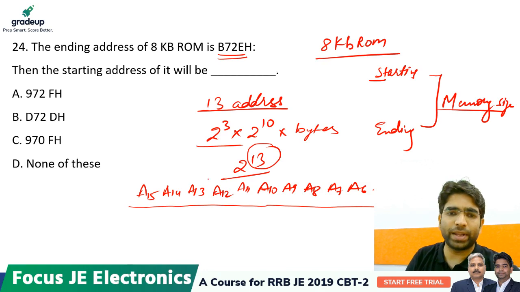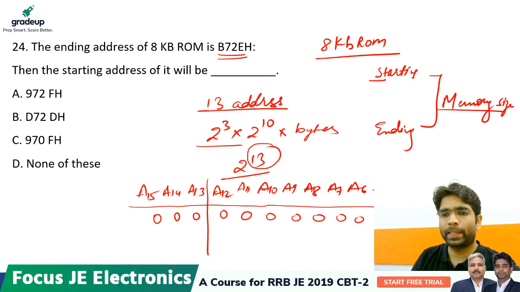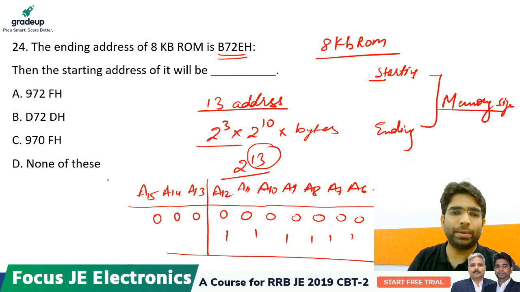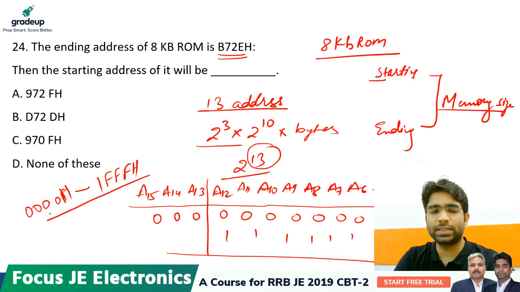13 address lines means that you can have all 0s, and the next case can be all 1s. So can you say that it can be represented as 0000H to 1FFFH, hexadecimal?